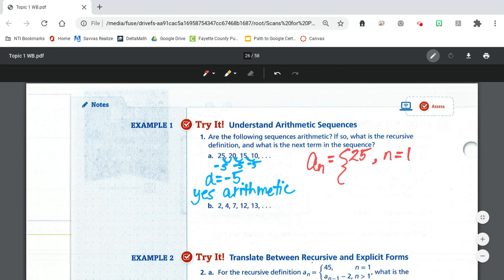The second line is going to say if you want any term after the first term, you take the previous term, a sub n minus 1, and add my common difference. And my common difference is negative 5. But plus negative 5, let's go ahead and simplify that to just minus 5. And so that is the recursive definition.